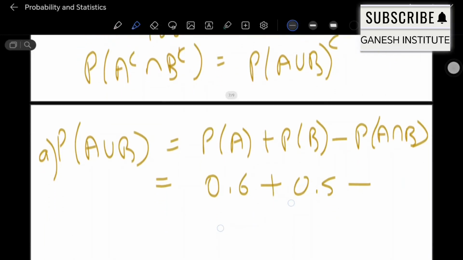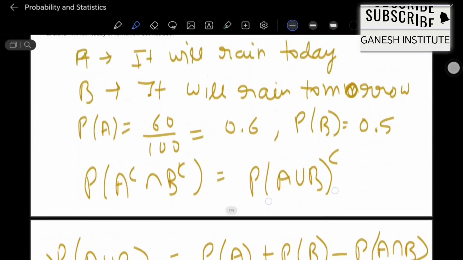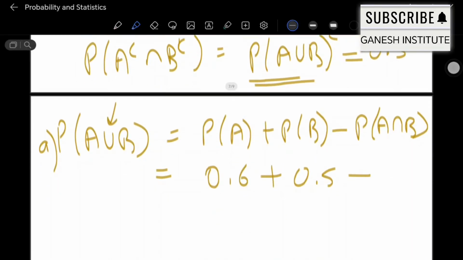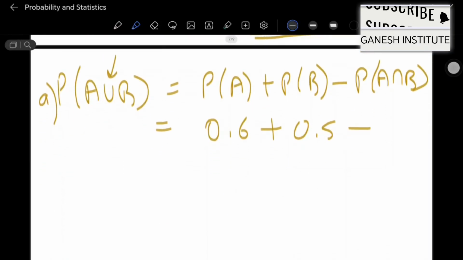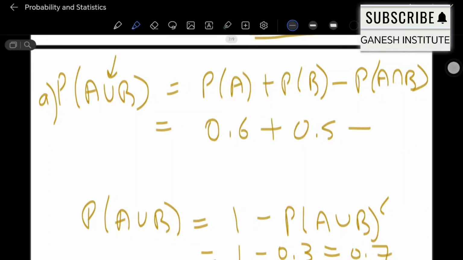How can we find that? We are given A union B complement, which is 30%, that is 0.3. So what will be P(A union B)? P(A union B) will be 1 minus P(A union B complement), that is 1 minus 0.3, that is 0.7, correct? So this is the first answer.